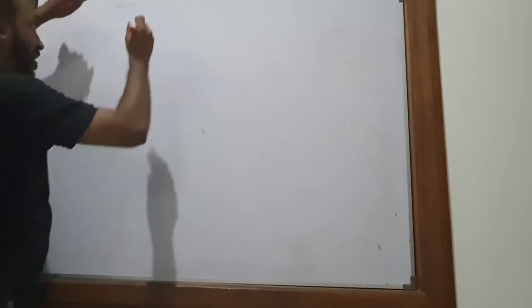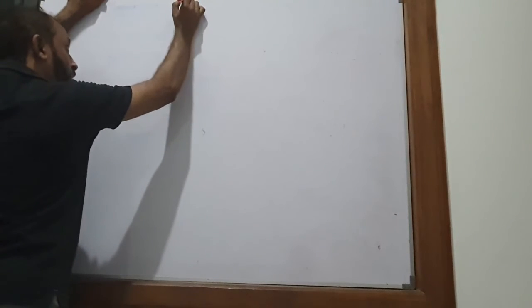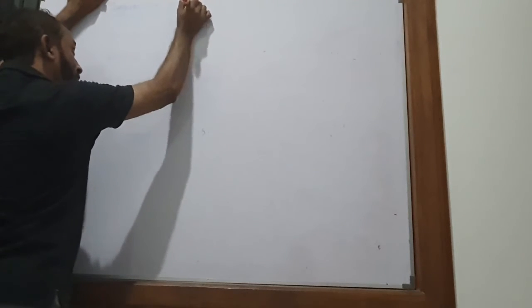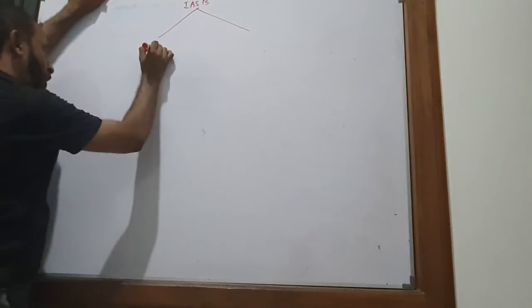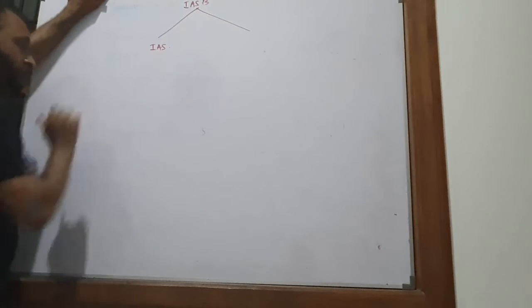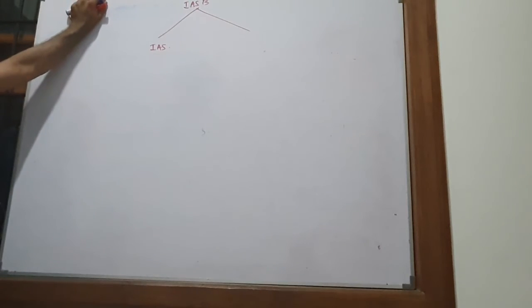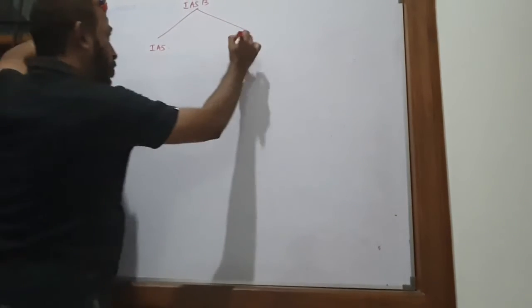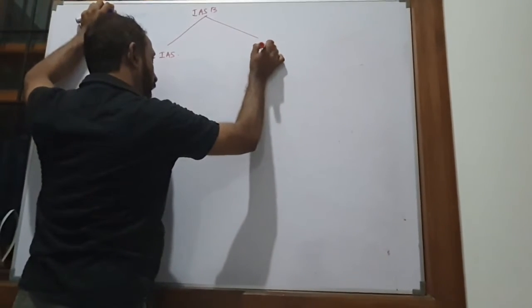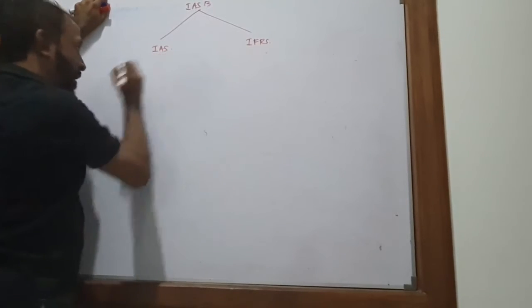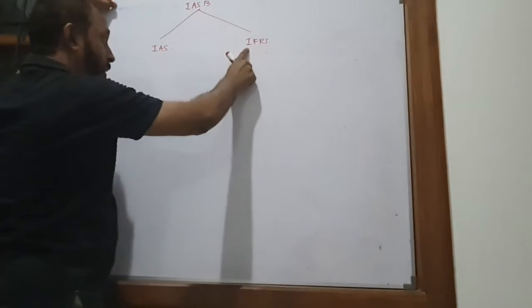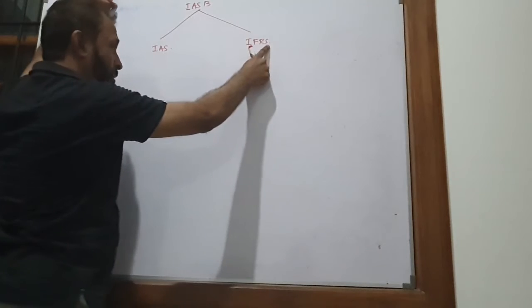The standards issued by the IASB are in two groups. The first group is known as IAS, the second group is known as IFRS. IAS stands for International Accounting Standards, whereas IFRS is International Financial Reporting Standards.